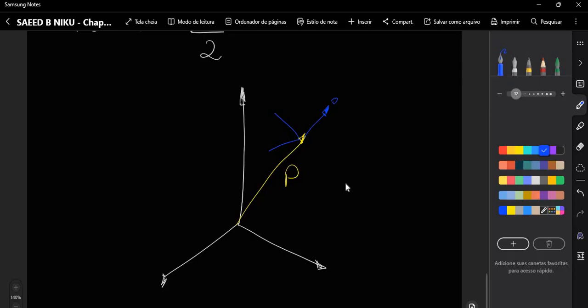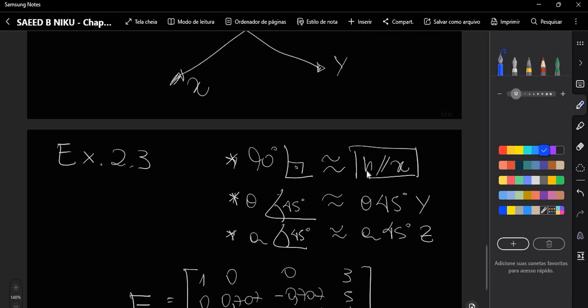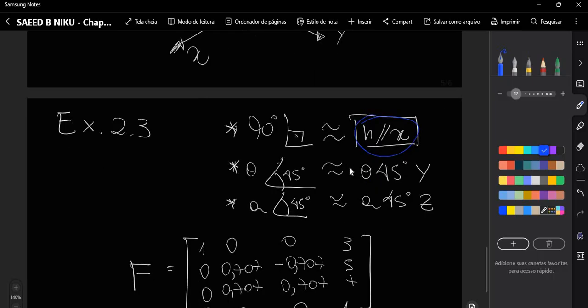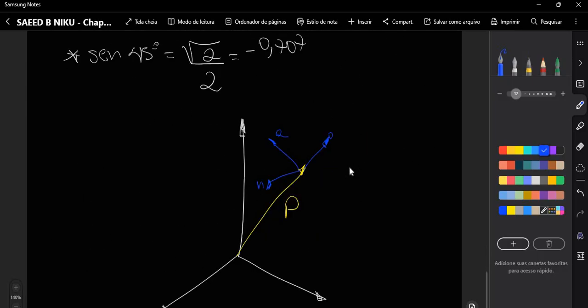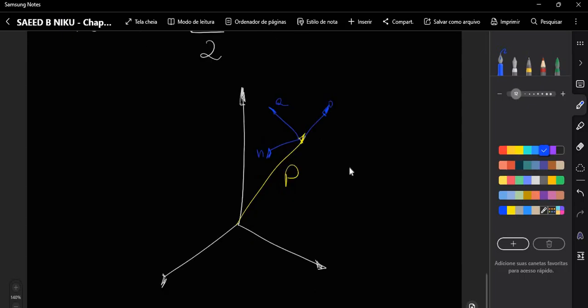This reference is the movable reference, and right here, at 90 degrees with the axis X, it is in the same direction.